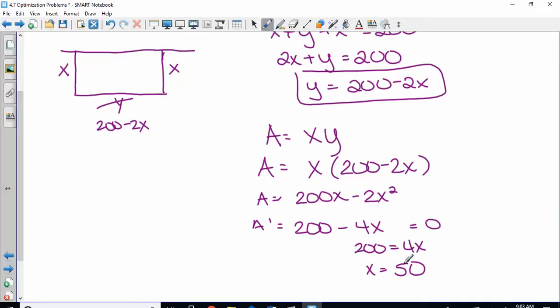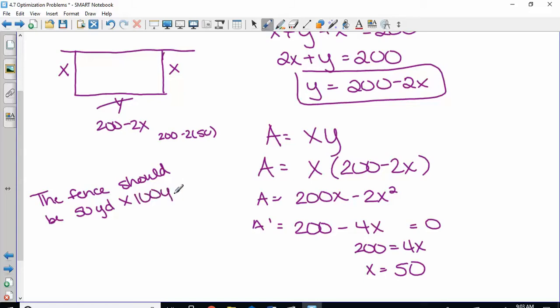Am I done? What do I need to do? Yep. My question said what dimensions, so we should write a sentence. So the fence should be 50 yards, that was x, by the other side, 200 minus 2x, so 200 minus 2 times 50 would be 100.